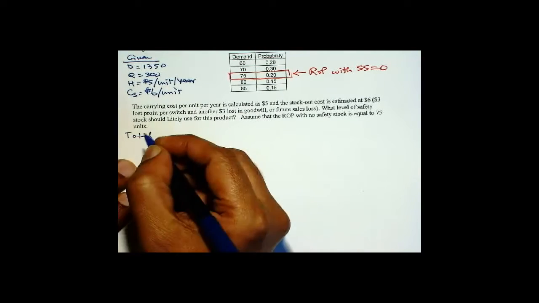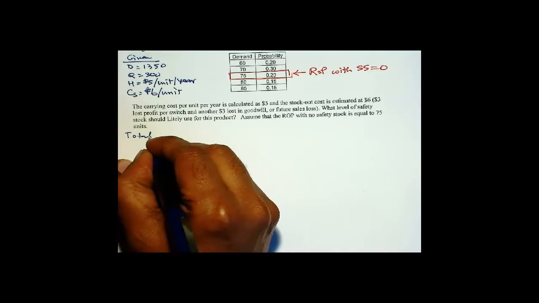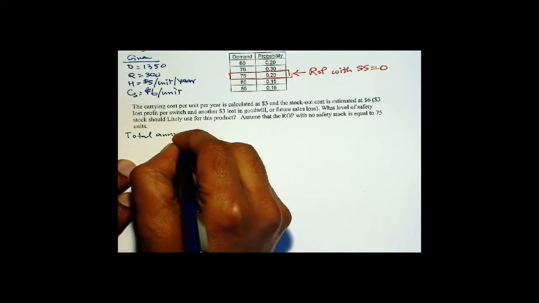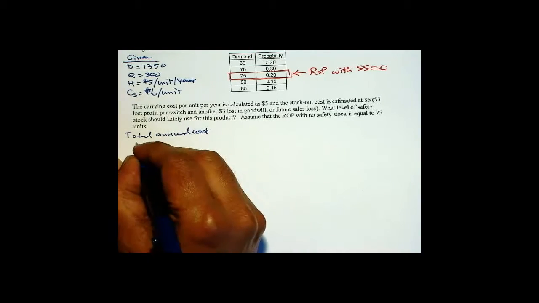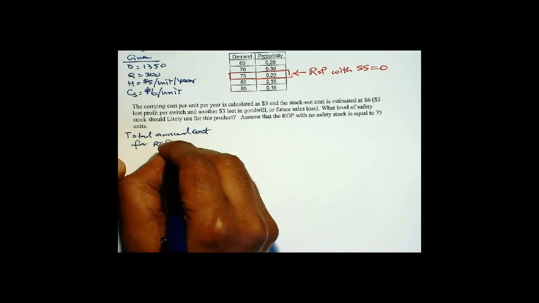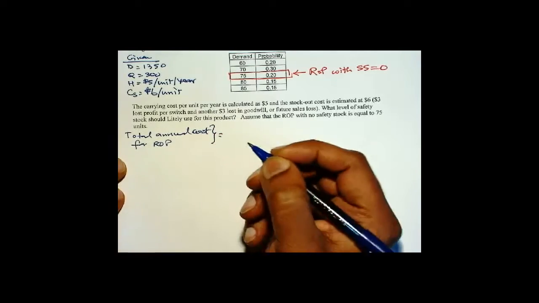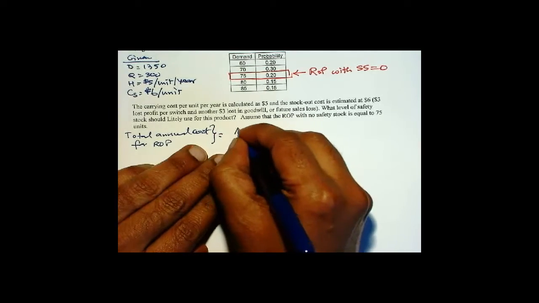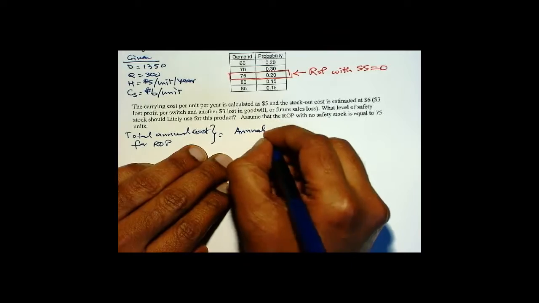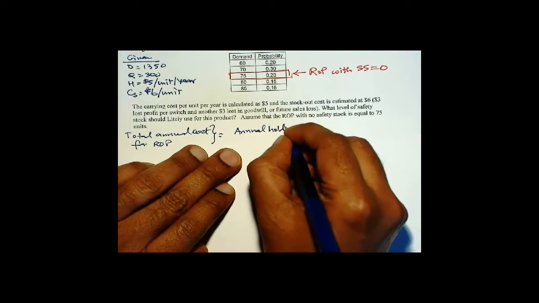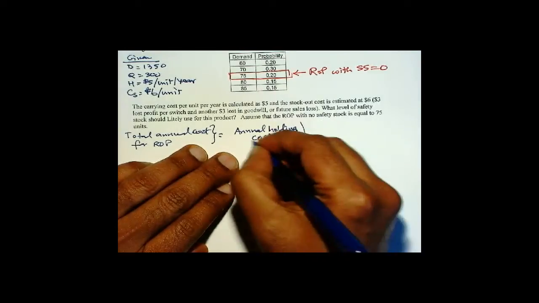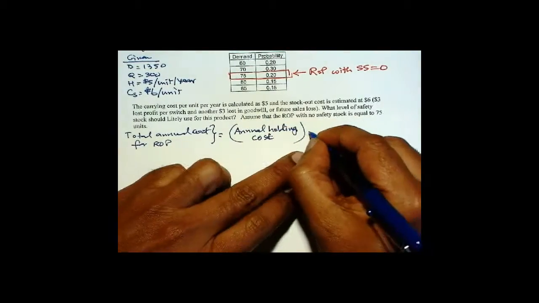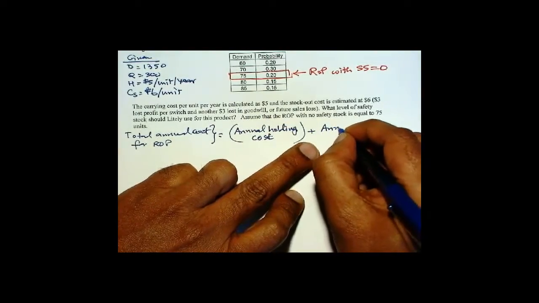So we have total annual cost for ROP. This is equal to annual holding cost plus annual stock out cost.